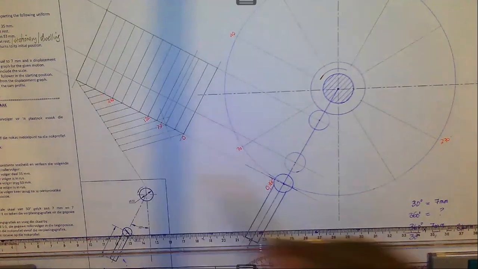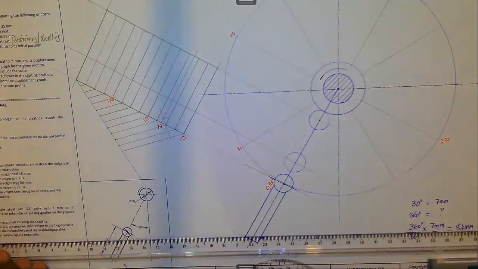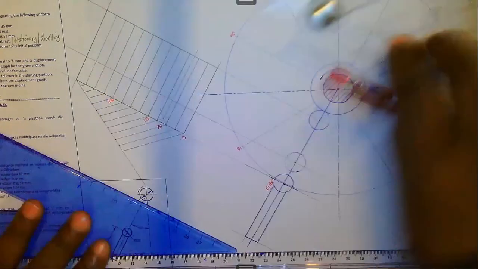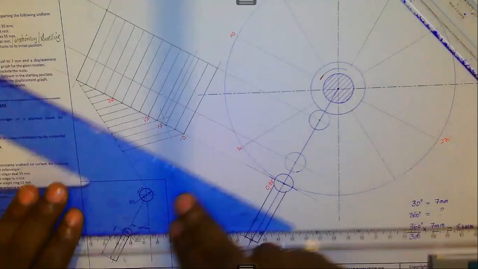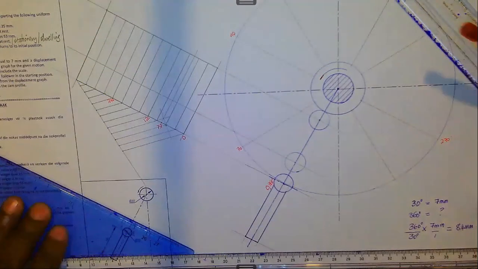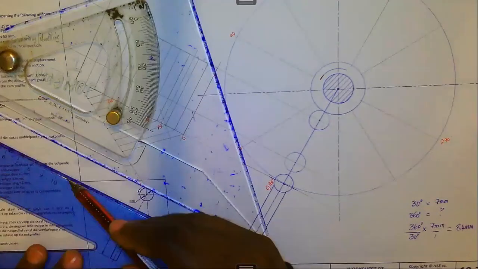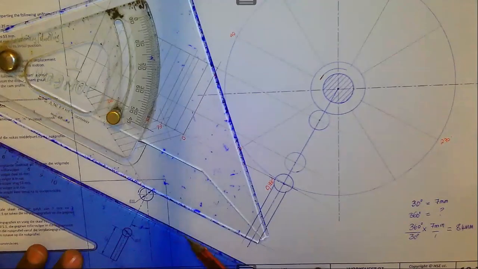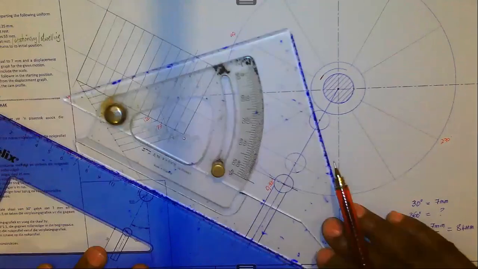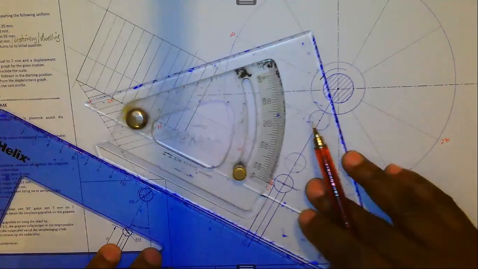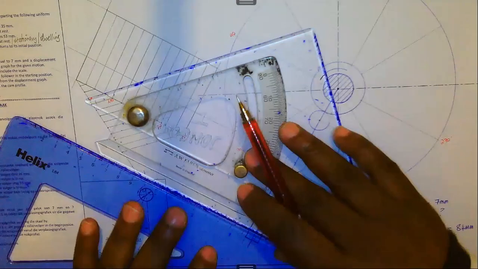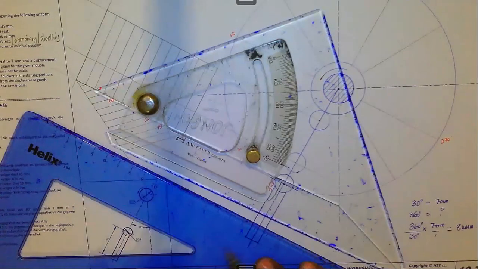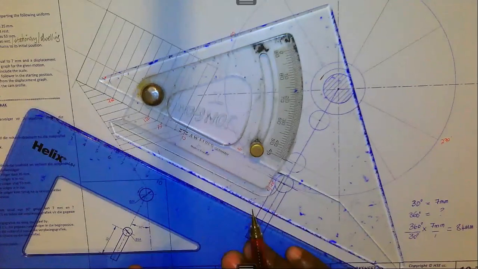Bring your 30, 60 degrees. This is in line with how the line has been drawn, but we need to miter to create an angle of 45 degrees. So this edge would act as if it's the T-square. Like this. That's 270. We need something here.